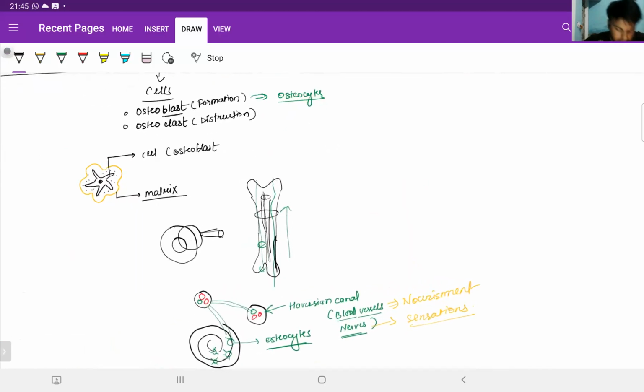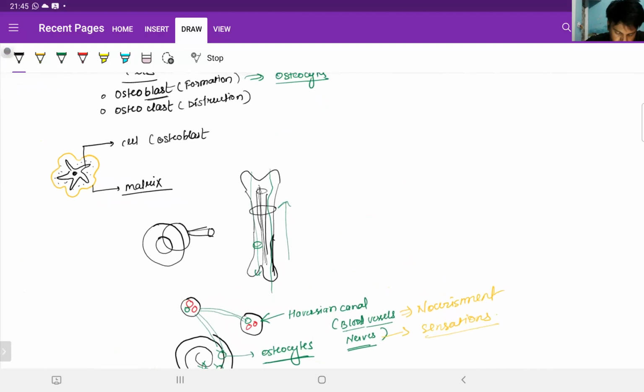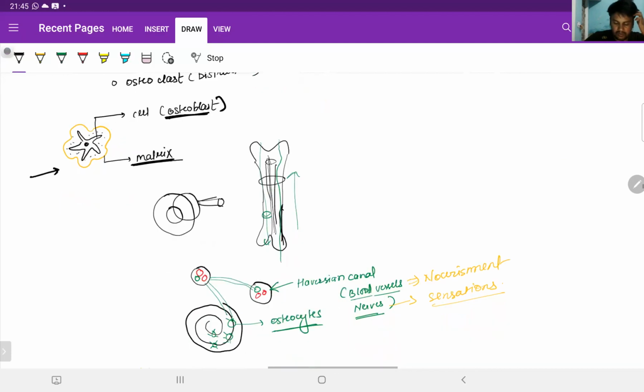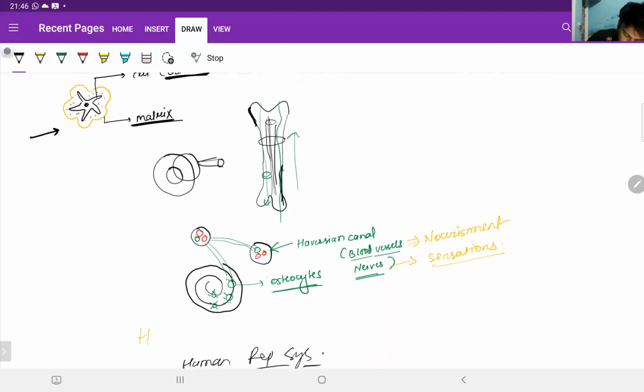Now see this diagram. This is very clear to understand. These cells which I have drawn, these star-shaped cells, are called the osteoblast cells, right? And surrounding it is the matrix. Now this is the structure of a bone which I have tried to draw, and I have taken a section from the middle.